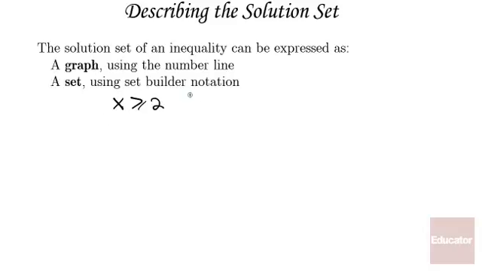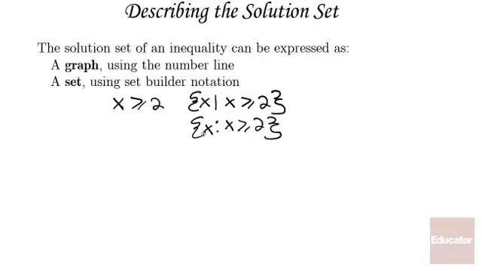I could describe it as a set using set builder notation: the set of all x such that x is greater than or equal to 2. You'll sometimes see the same thing with 2 dots here. This is more common, but you will see this sometimes, and it means the same thing.